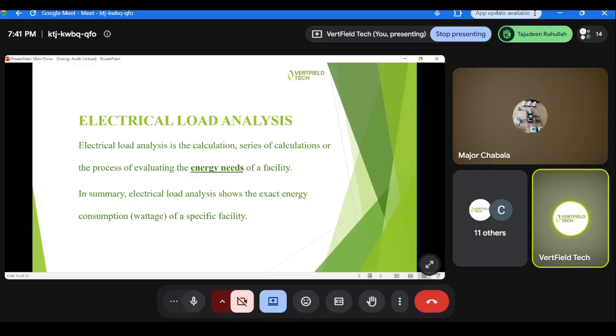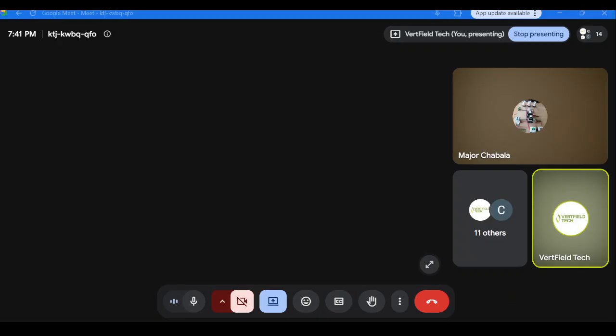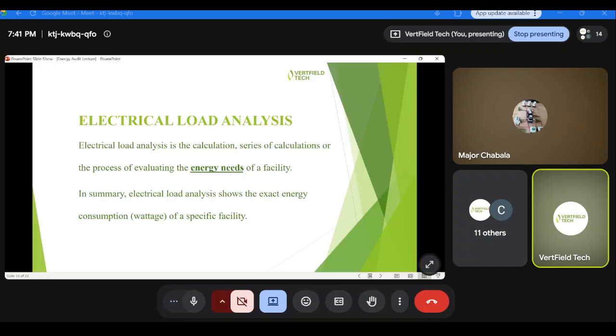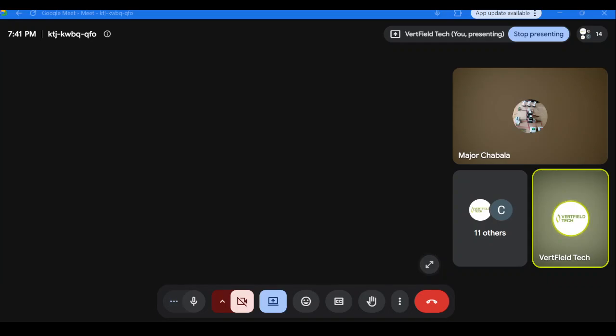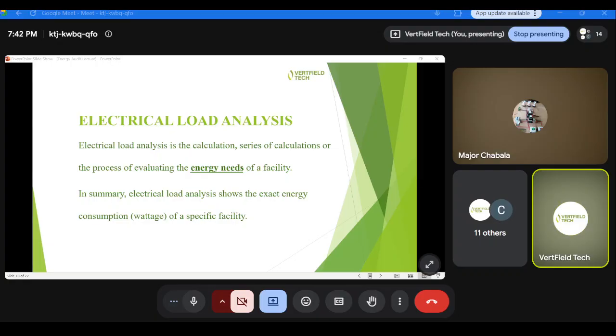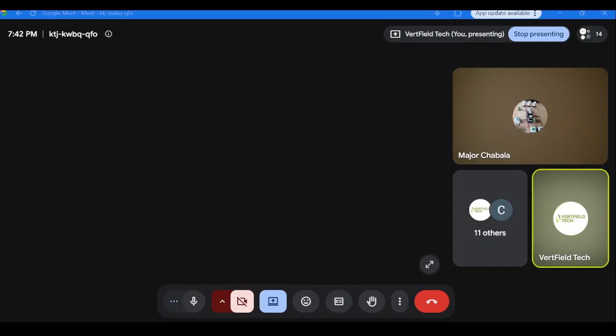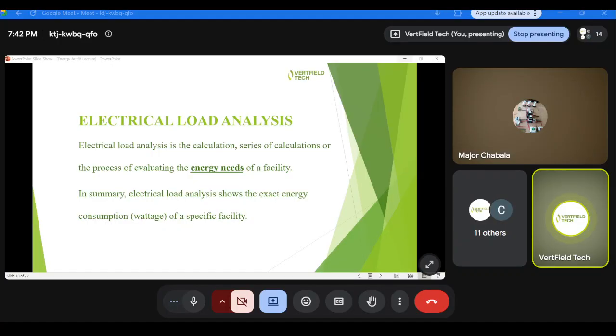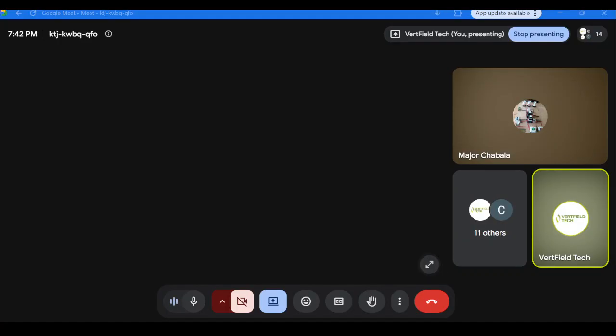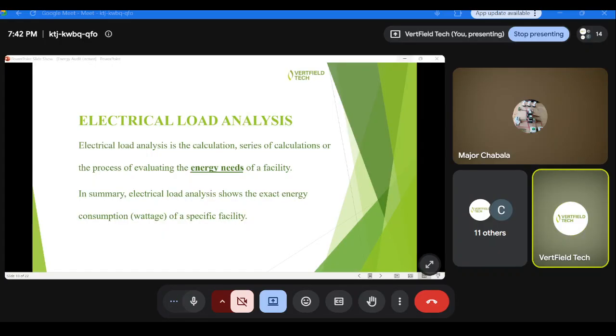In proceeding, we are now going to be talking about the deal of the day: electrical load analysis. Remember, we told you clearly that the energy need helps you to know the energy need of your facility.